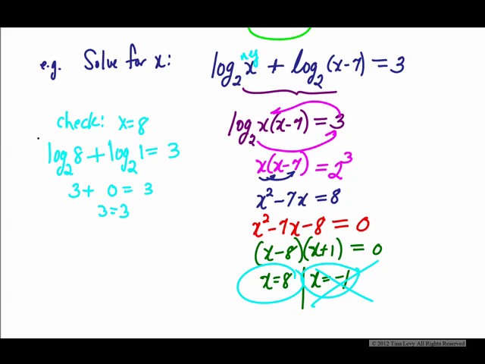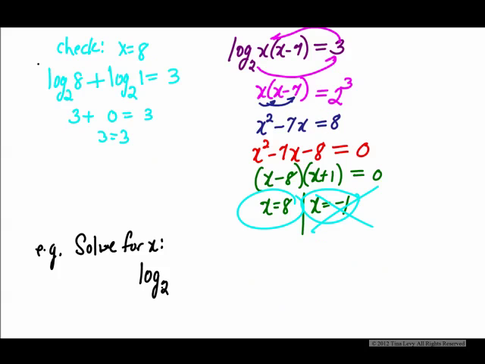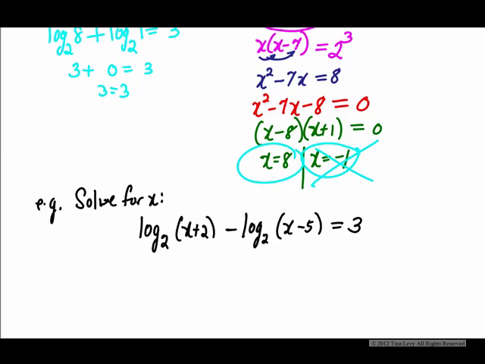We'll now do log base 2 of x plus 2 minus log base 2 of x minus 5 equals 3. Our first step is we're going to write it as a single log. We'll condense these, and we have log base 2.